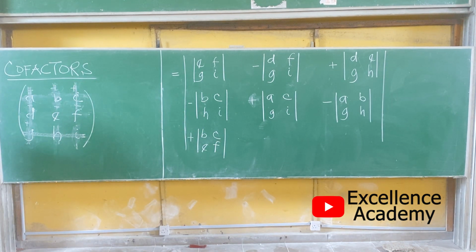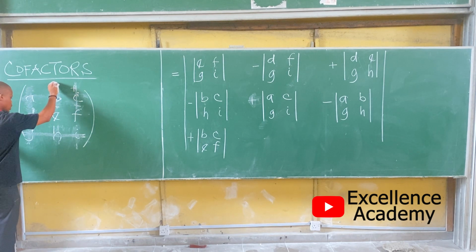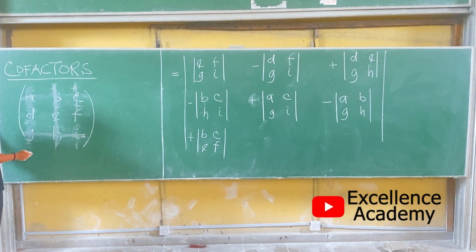Alright. Next up, I'll go over to my H. For that, I'm covering the last row, right? And my H is appearing in the second column, so you cover your second column. And mind you, it is a negative. I've written down the sign convention, please. So what is left?